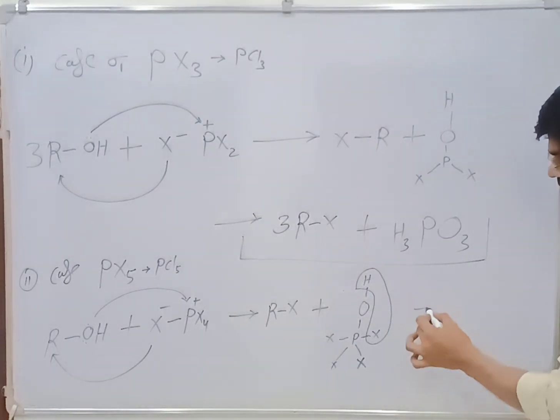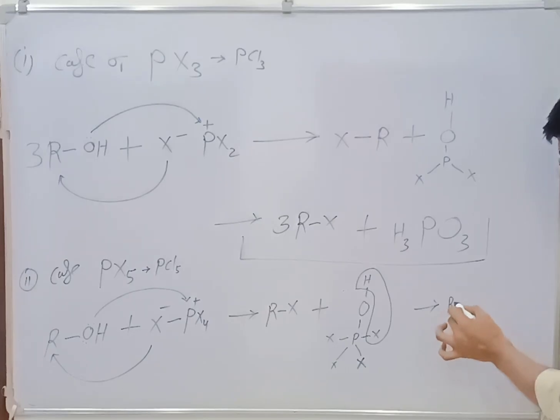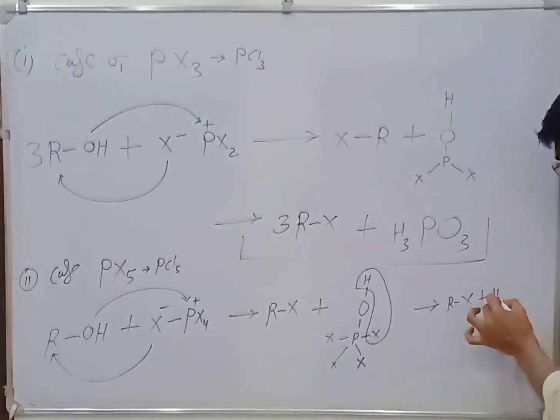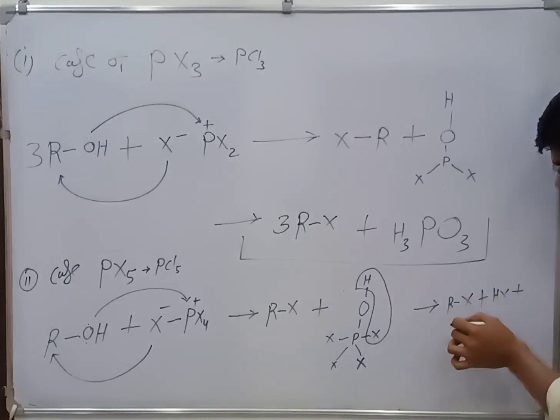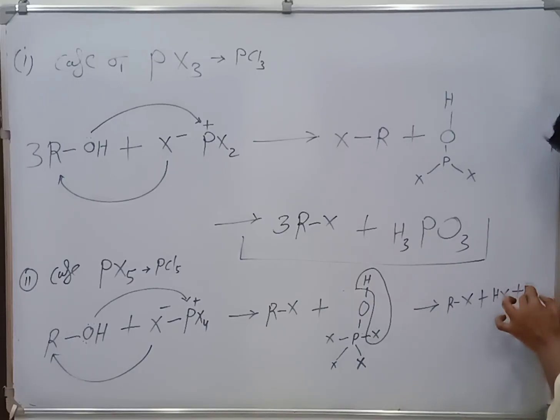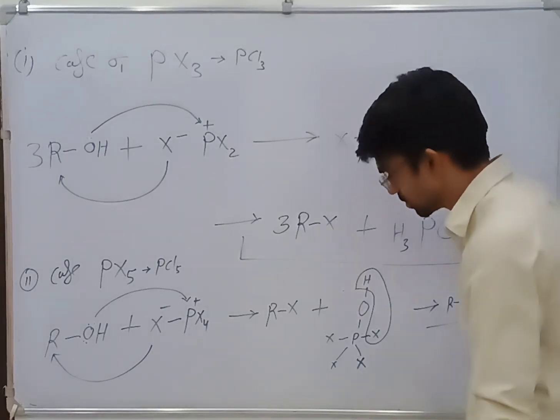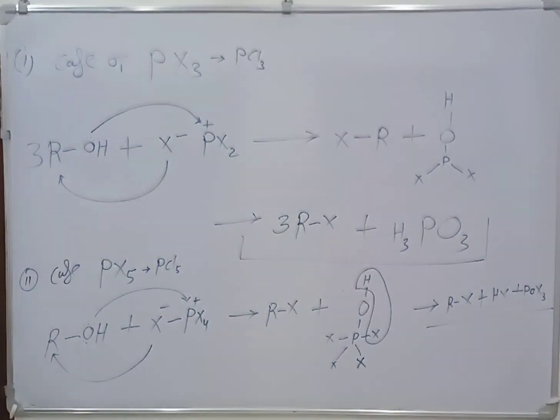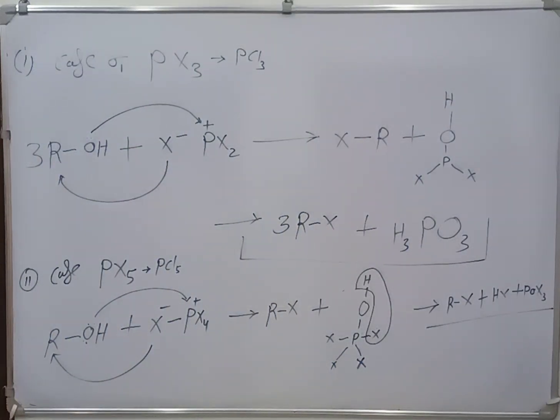So the final product will be RX plus HX plus POX3. So this will be the product in the case of PCl5.